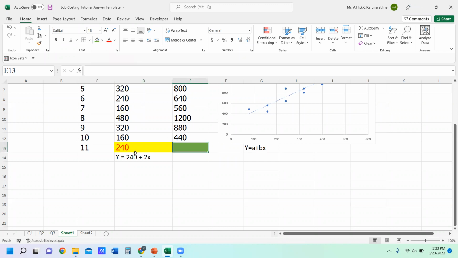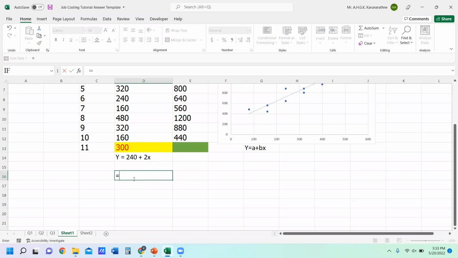Since we have developed our equation, that is y equals 240 plus 2x. So you might be confused with this 150. I will make it 300. Let's say we are planning to operate for 300 machine hours. You can take any machine hours here. And we want to estimate what would be our maintenance cost.